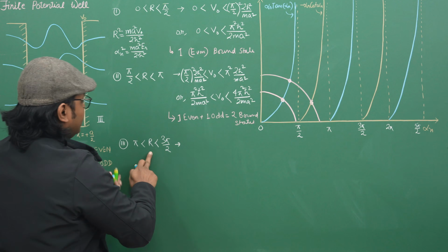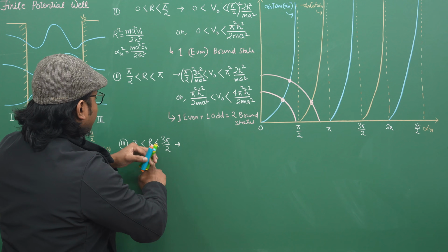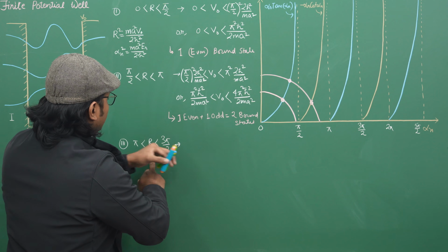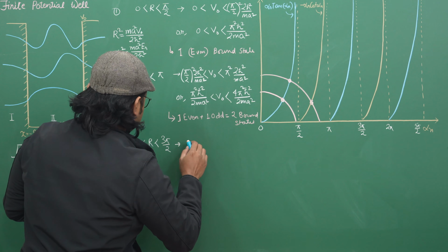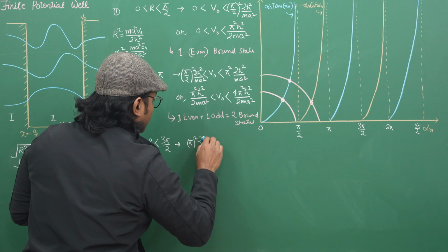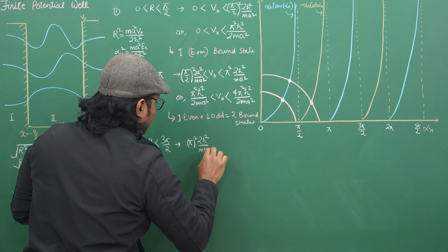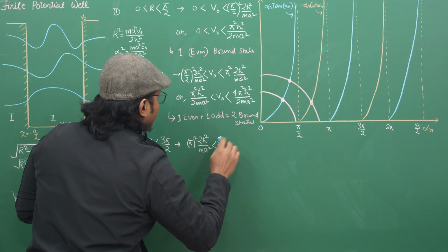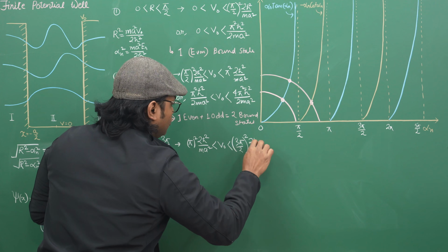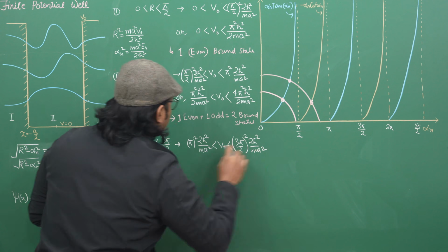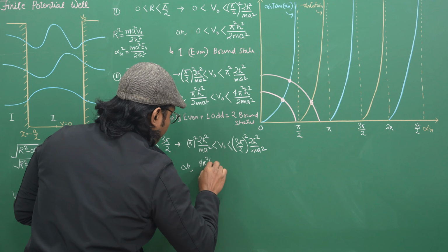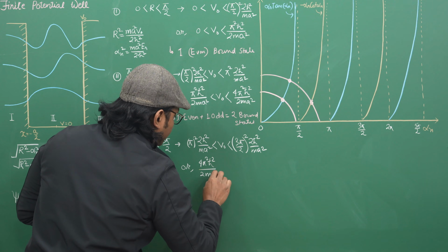So this can be written as, again, if I take r square and then I multiply and divide the constant ma square upon 2h cross square across the expression, then I end up getting pi square into 2h cross square upon ma square less than V0 less than 3 pi by 2 square into 2h cross square upon ma square, which simplifies to 4 pi square h cross square upon 2ma square.